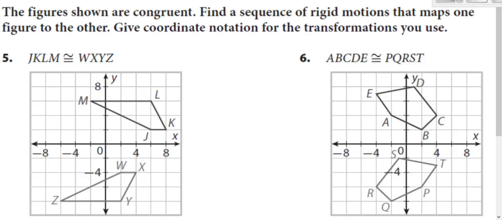Same idea. We can reflect this, starting with J, K, L, M, reflect it down over the x-axis. So that would reflect to there.